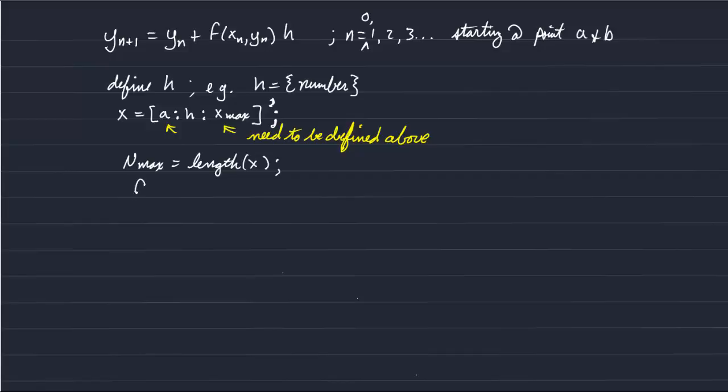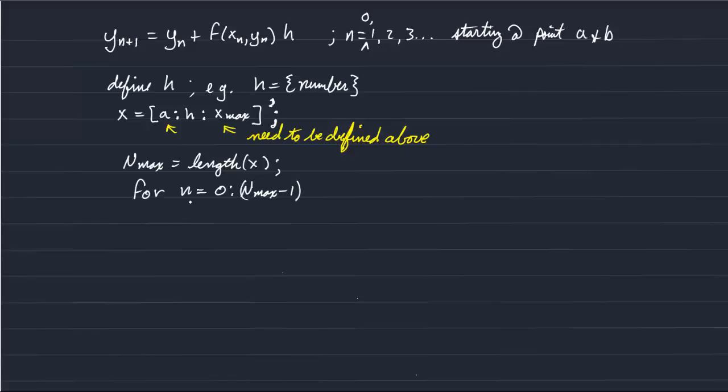And then we could write a for loop in which n is a variable that varies from 0 to n max minus 1. So this is going to vary n from 0 in increments of 1 up to n max minus 1.